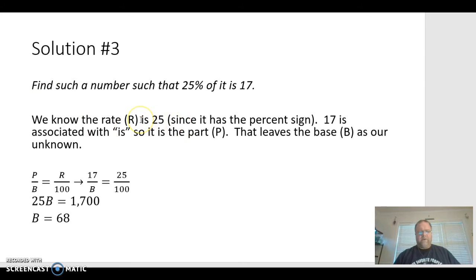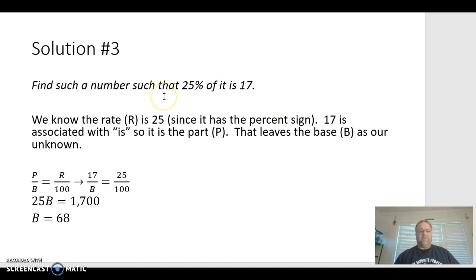All right, so find a number such that 25% of it is 17. Well, the 25 is obviously our percent, so we're going to replace the R with 25. And it says is 17, so we know that is associated with the part or the P, so we're going to replace the P with 17. That leaves us the base, which isn't quite as clear in this problem.